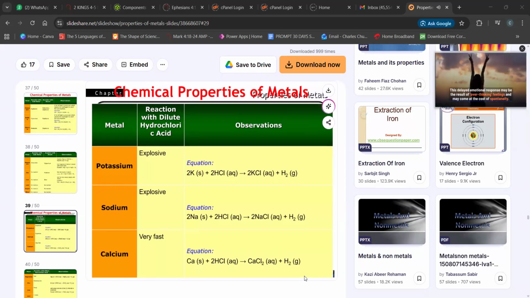Now technically, there's something we can say about metals reacting with acids. They would always form a salt and hydrogen. If we understand that sodium chloride is a salt, nothing stops potassium chloride from being a salt.